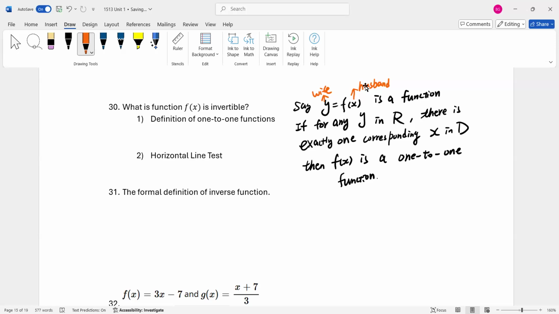That's the definition for a function. If the relation does not have a cheating husband, for any husband there's only one wife, it is a function.